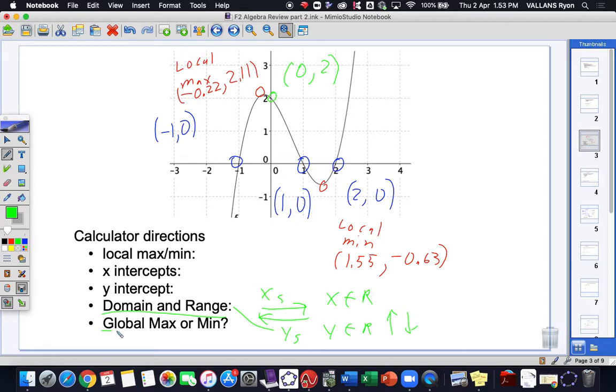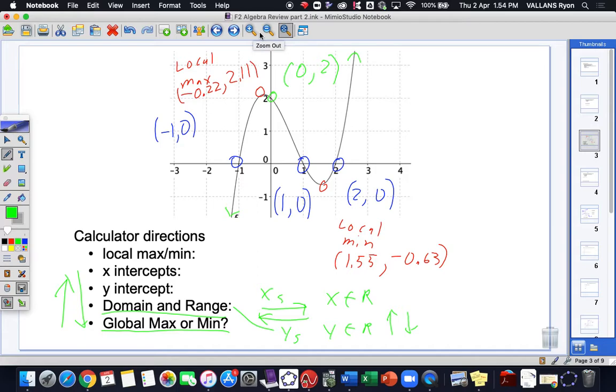This also talks about my global max and minimum. The global max sees how far up do you go? Well, it never ends. It's infinity. Global minimum, what's the smallest it ever goes? Well, it keeps on going this way too. So there is no real global maximum or minimum. If you need to, go back to this section for the TI-84.